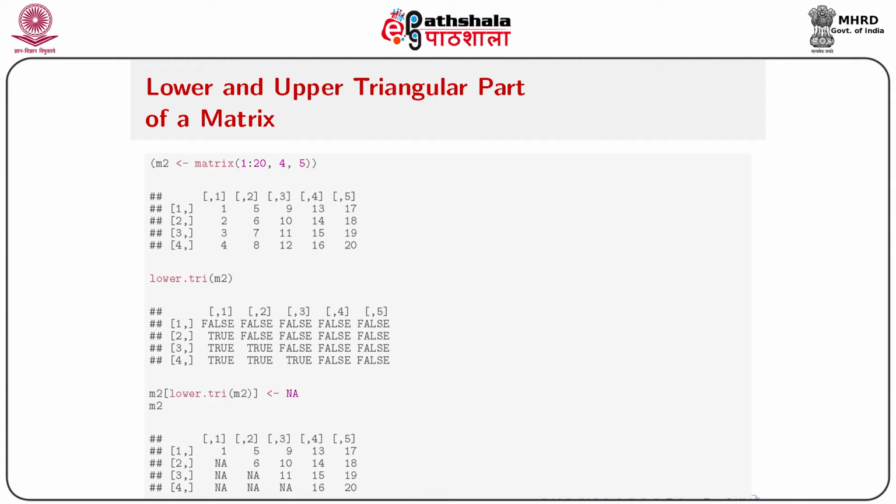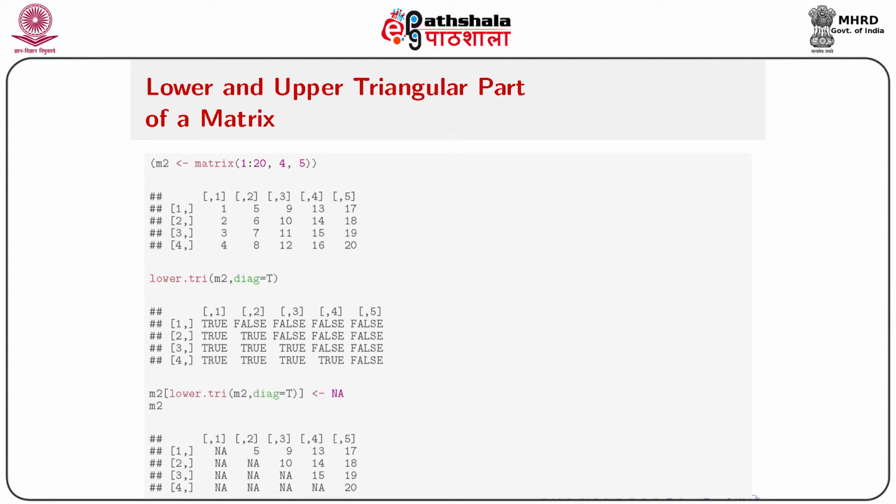By default the diagonal is excluded; if you want to include the diagonal elements, you should specify it. Suppose M2 with lower dot tri within brackets M2, wherever true, you put not available. Then automatically the lower triangle would be not available, the upper triangle would be retained, and that would give you the upper triangular matrix.